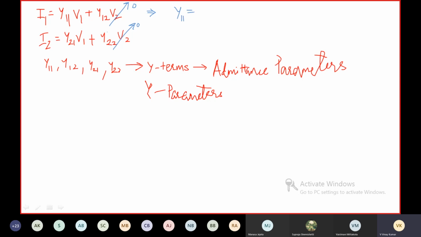Y11 will be equal to I1 by V1 when you make V2 0. Then what will be Y21? Y21 is equal to I2 by V1, when V2 is 0.